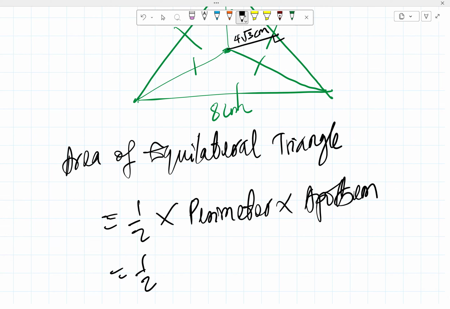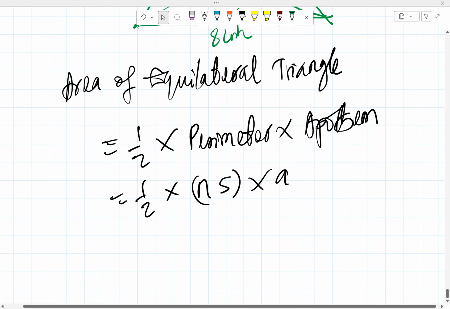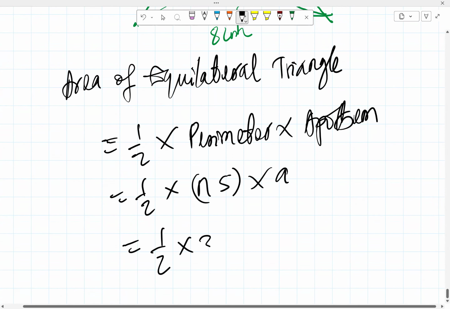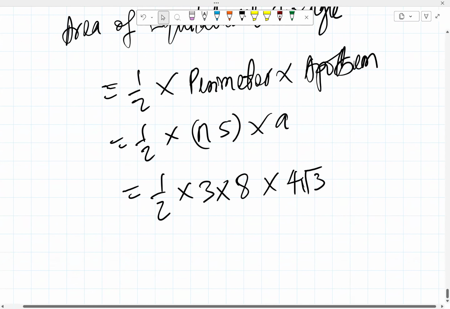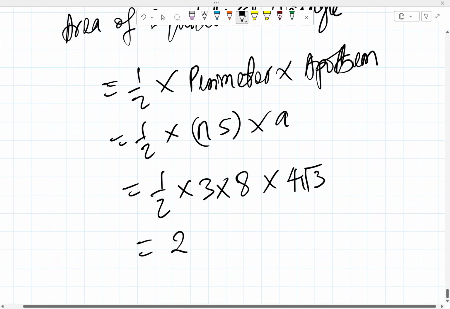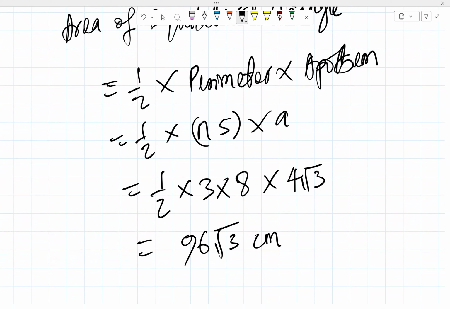That's half times number of sides times the side length times the apothem. So that is half times number of sides 3, the side length 8, and the apothem 4 root 3. So we have 24 times 4, that's 96 root 3 centimeters squared.